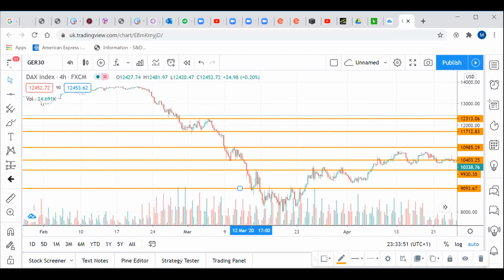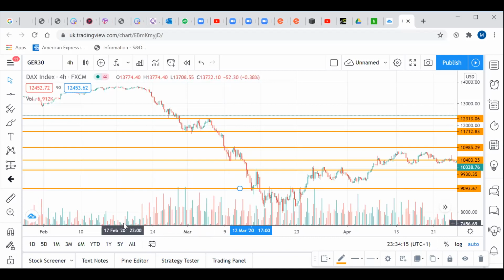So what I've done, I have marked up the support and resistance zones of this particular index, DAX. How I've marked up my zones is any area in which price has struggled to surpass a couple of times.